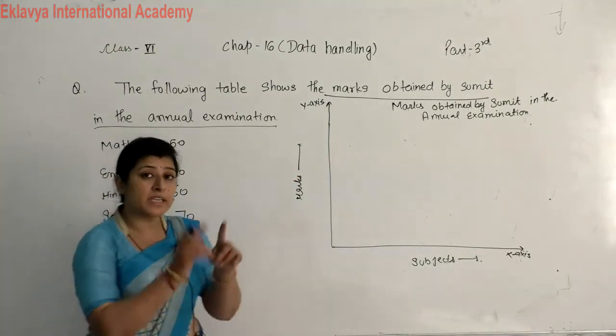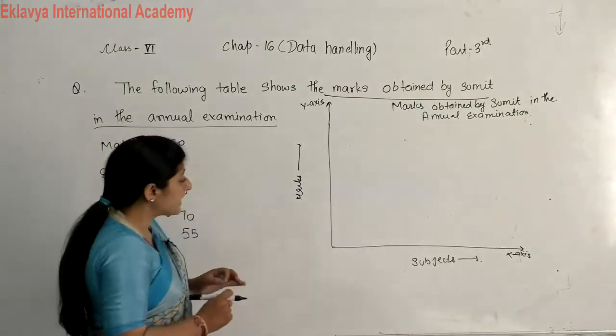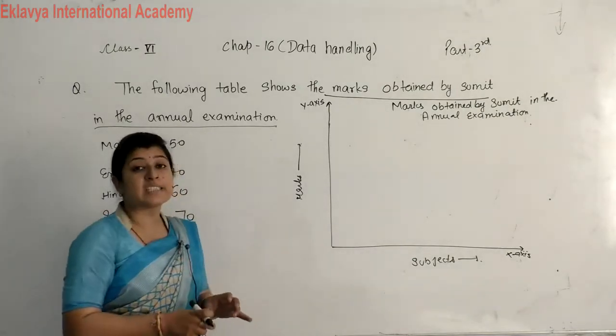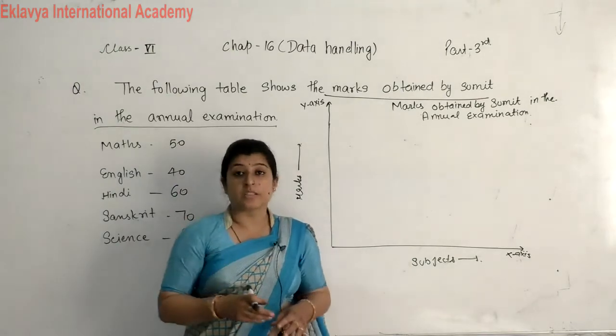If you look properly at squared graph paper, there are large boxes and small boxes.